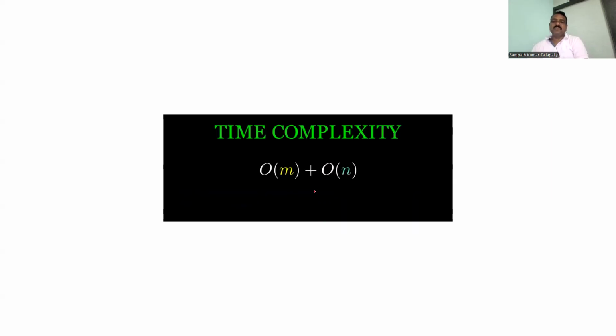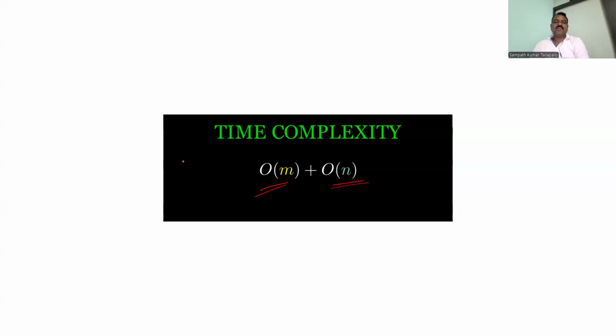And if I see the complexity of this algorithm, it is order of m for my substring and order of n for my actual string. So the complexity of my algorithm is order of m plus n.